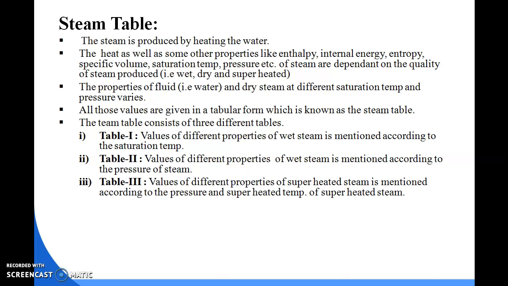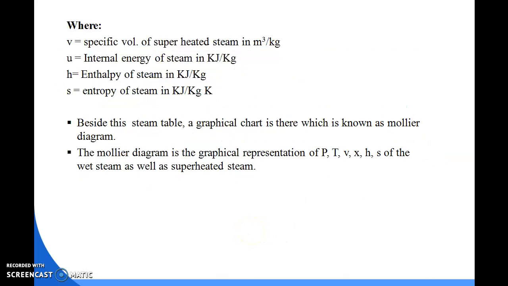So, I can say that table 1 and table 2 are for the wet steam, whereas table 3 is for the superheated steam. By using these tables, we can easily find out the different values of the specific volume, entropy, enthalpy, saturation temperature and the internal energy.